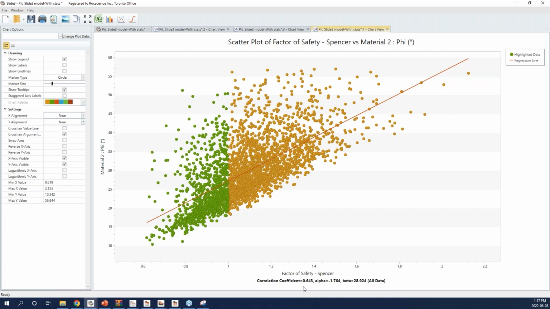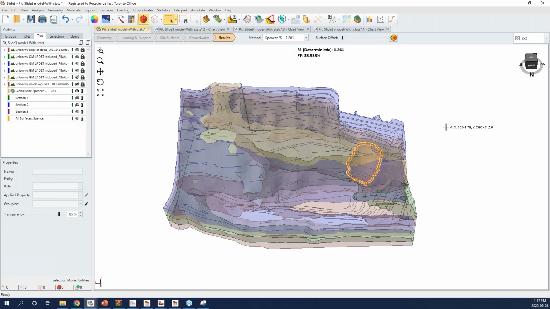Doing probabilistic analysis like this, this scatter plot obviously shows that for material 2, factor of safety is much more affected by the friction angle compared to cohesion. You can do it for other materials as well and see this correlation between the factor of safety and the parameters. So that's another interesting output. So this was some 3D probabilistic analysis for this example.